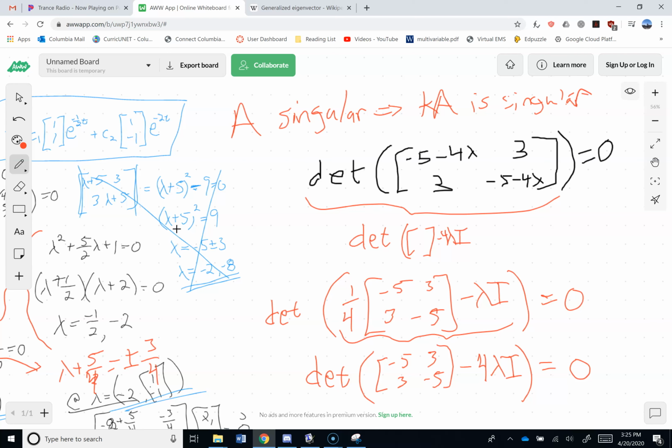That's true. This kind of similar statement is not true: B not singular implies that K times B is not singular. That isn't true. It's only true if you assume that K isn't 0.